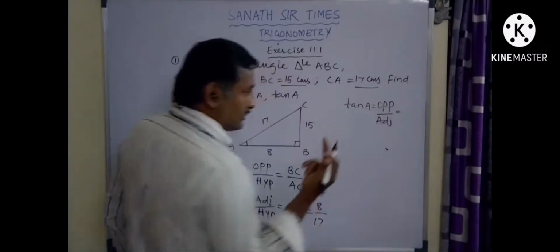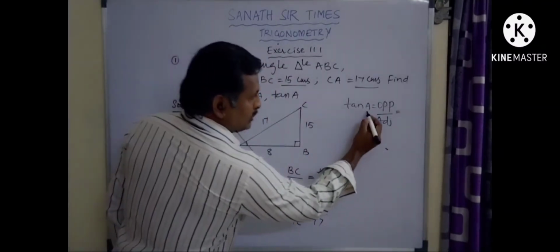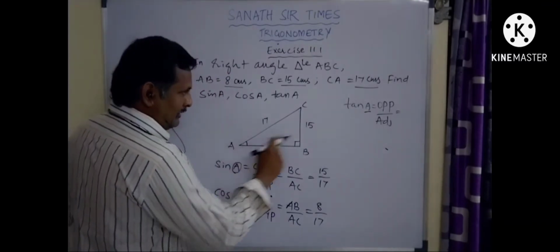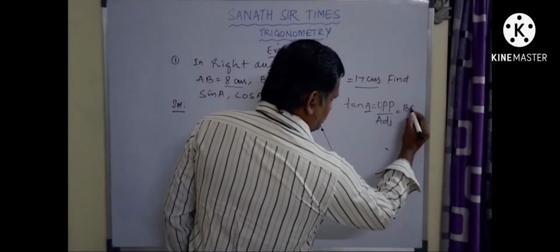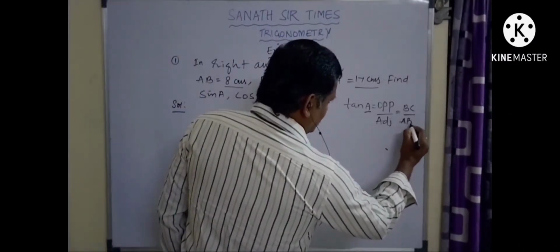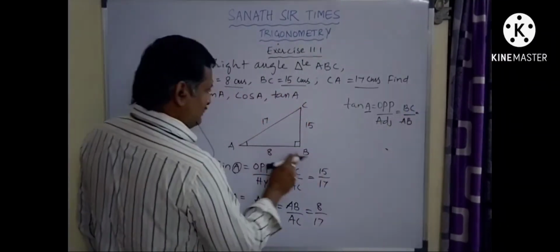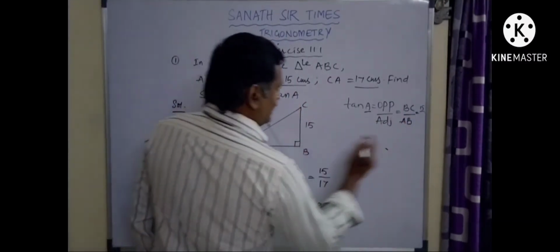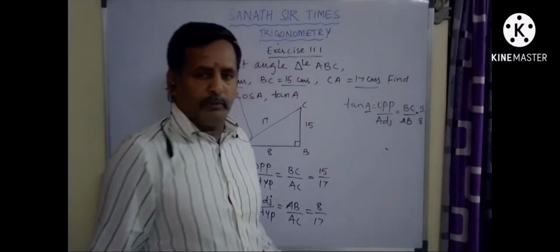Now opposite to what? Opposite to the angle given. So opposite to A is BC, adjacent is AB. So BC is 15 divided by AB is 8. That's very simple to finish.